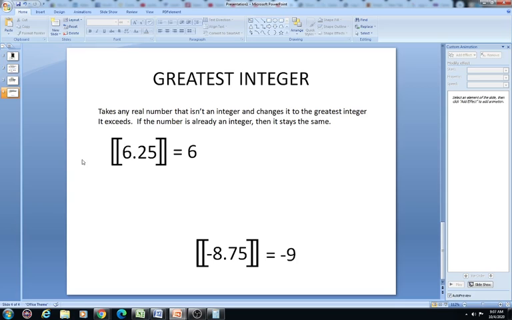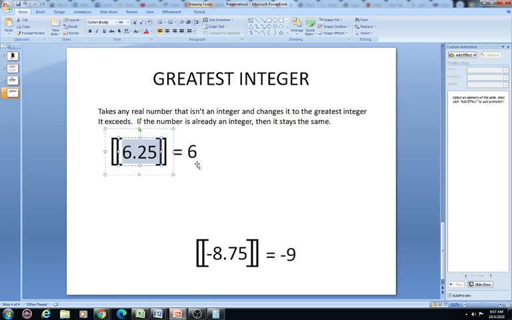This definition's kind of misleading, because you basically just drop the fraction and spit out the integer that is less than this number. So 6 is less than 6.25.